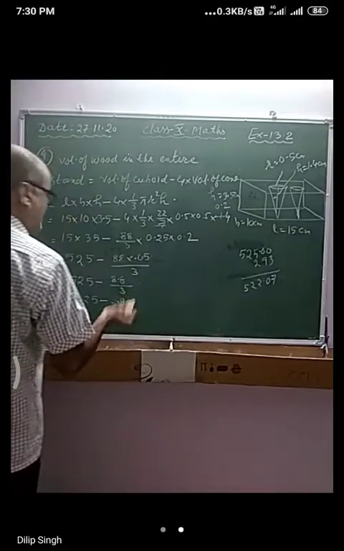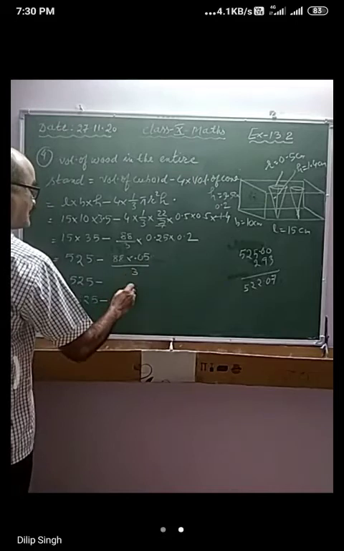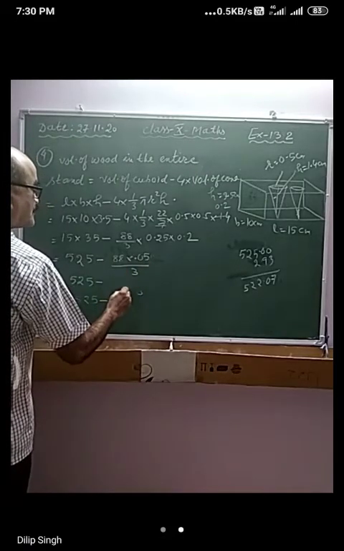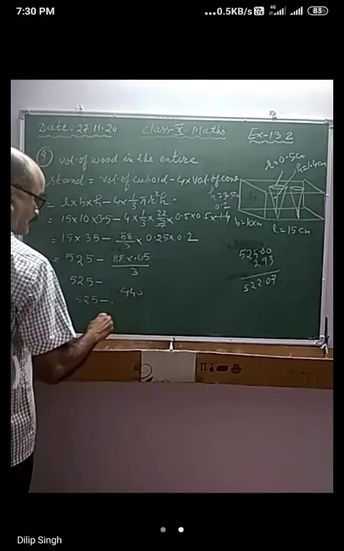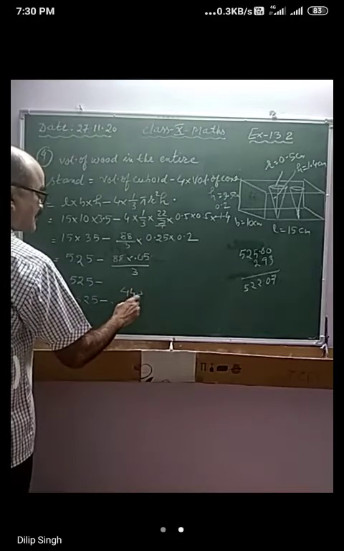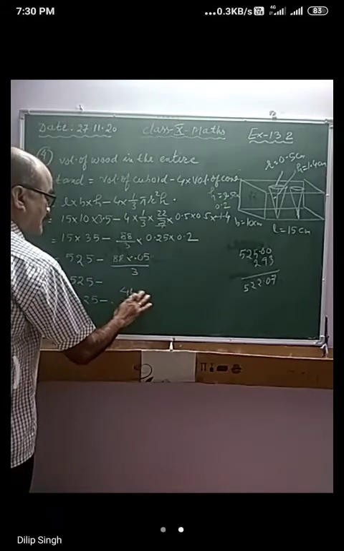Sorry. So when you multiply this, 5 8s are 40 and 5 8s are 40 and 4 is 44. After 2 places I have done 4.4 by 3. Right?